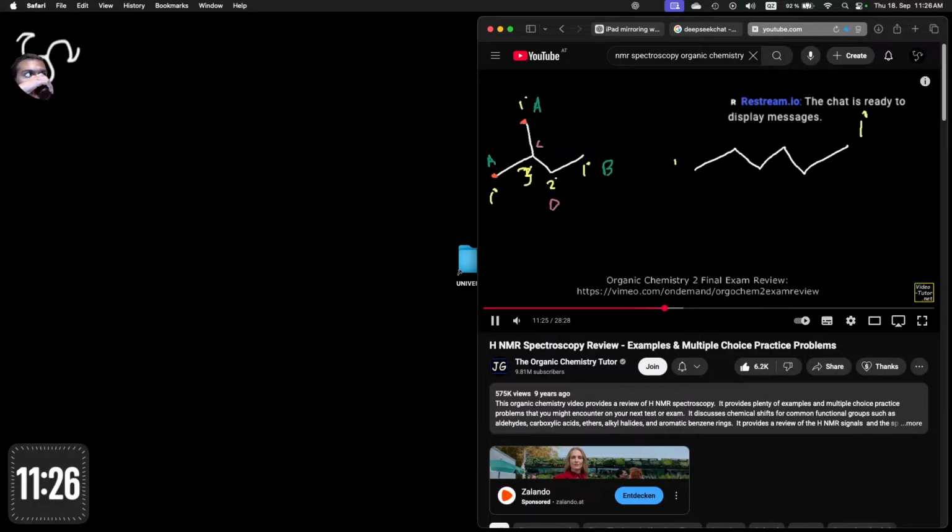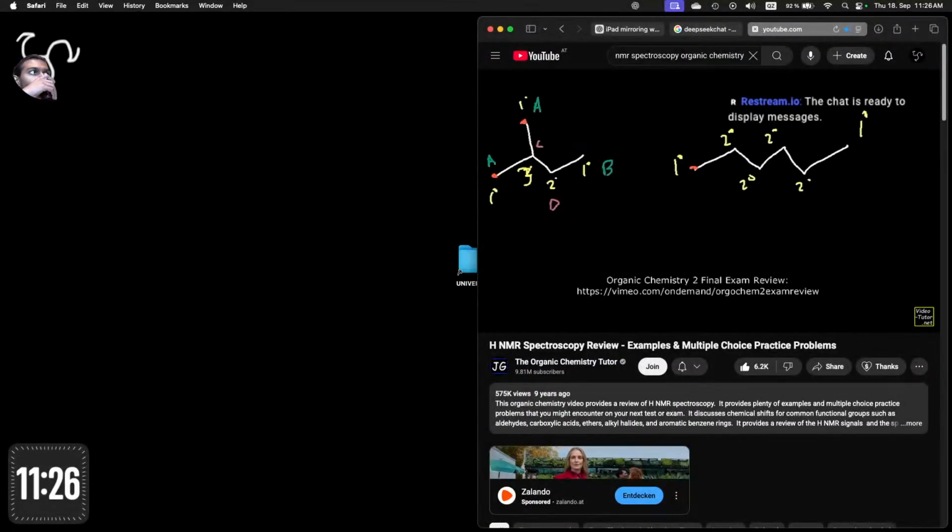This is primary, and the ones in the middle are secondary. Notice that these two primary carbons are identical, so the CH3s attached to them are equivalent, so they would show up as signal A. Now, these two are equivalent. They will show up as signal B.